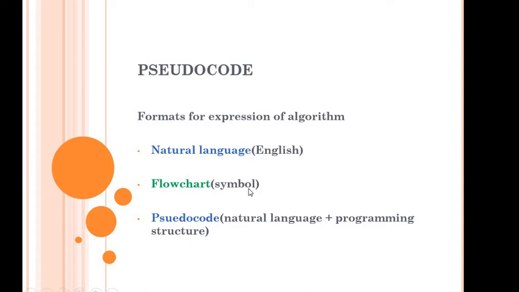Using the symbols, we express the steps in the algorithm. And the third method is pseudocode, which we are going to study in detail in this video. It is a combination of natural language and programming structure. It uses the programming structure as well as natural language.